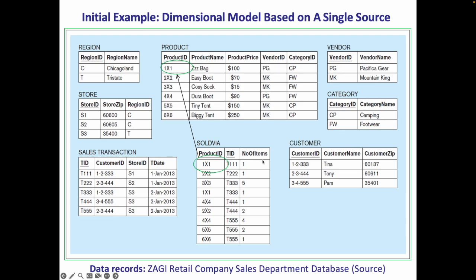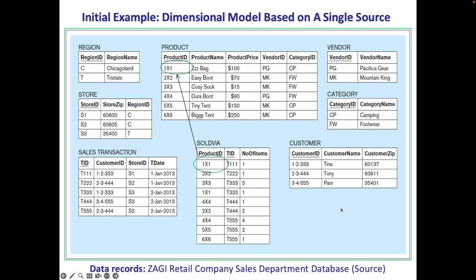Because it's a measurable value that you may want to analyze. So that is, for example, one thing that you may use for a fact. And for your assignment, it will be more clear. So it depends on what you want to analyze, right? So as I mentioned, if you want to analyze sales, sale would be the fact. If you want to see the number of items, then that would be one of your facts.